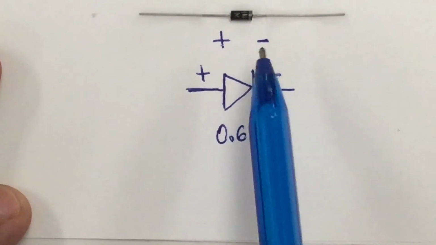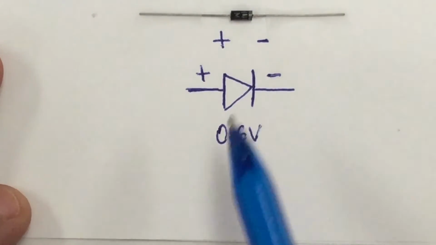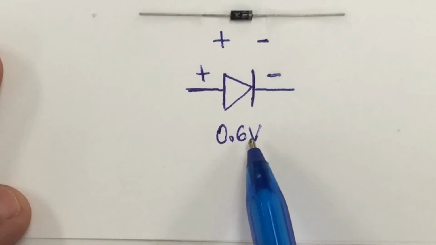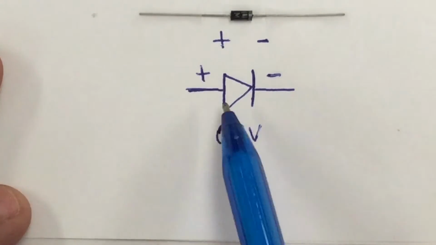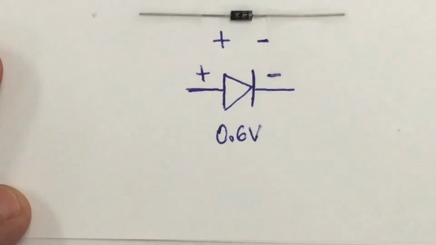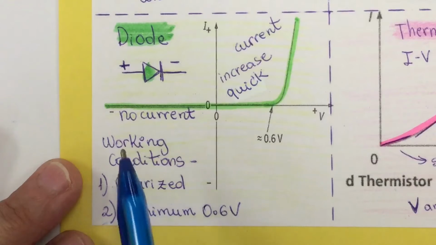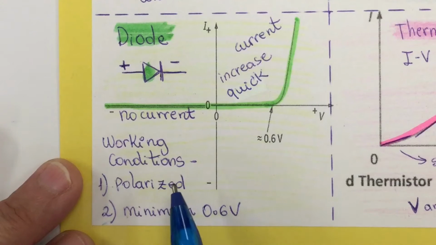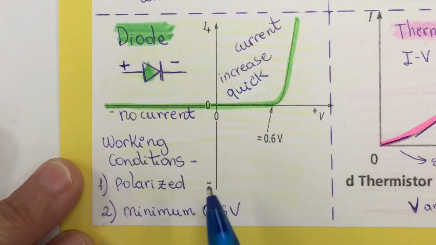Besides the polarization, a diode needs at least 0.6 volts on its terminals in order to let the current pass through. So a diode must be polarized, with positive and negative connected to the right terminals, and have a minimum voltage of 0.6 volts.